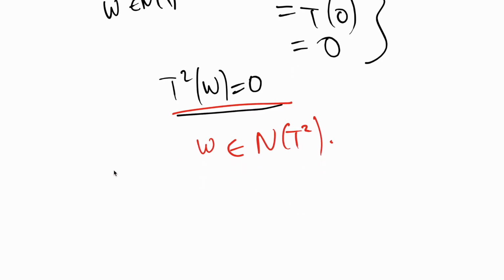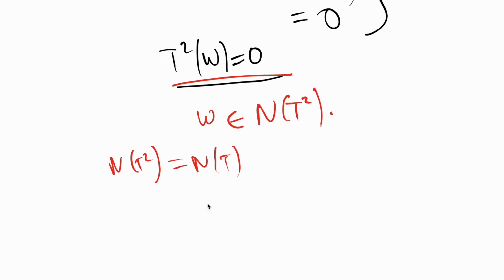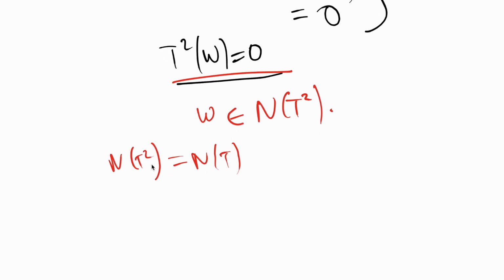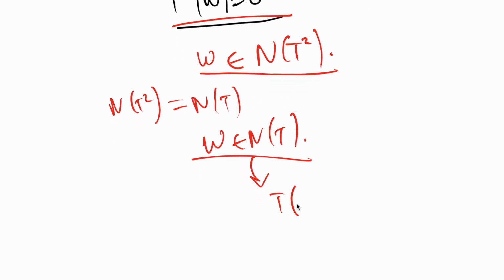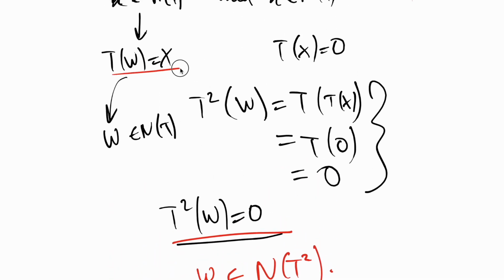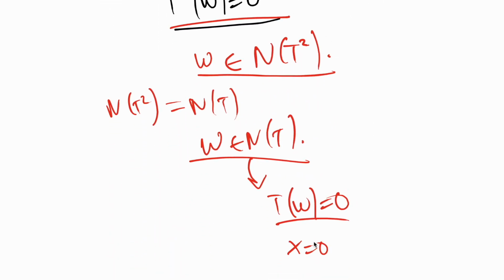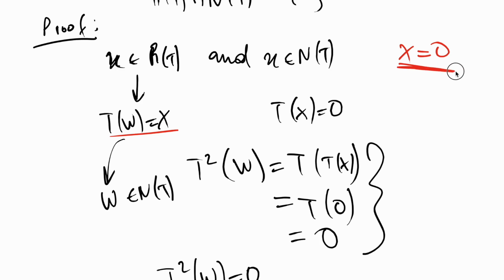We then prove that N(T²) is equal to N(T). We use this result, and since N(T²) is equal to N(T), any element in N(T²) will also be in N(T), and we get the result that we wanted. So from this it follows that T(w) equals 0, and T(w) is just x, so x is equal to 0, which is what we wanted.